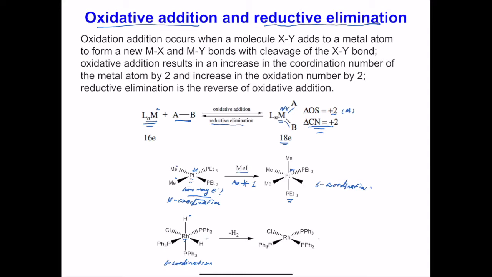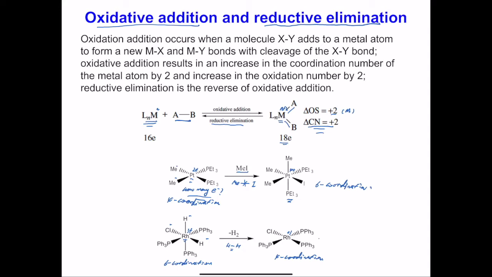Because of the minus hydrides, and the other phosphines are neutral ligands, here it is 3 plus. Then it can undergo the formation of hydrogen. You form an H-H bond here, removing two rhodium hydride bonds. So you end up with this rhodium 1 plus product. Right now it's 4 coordination.